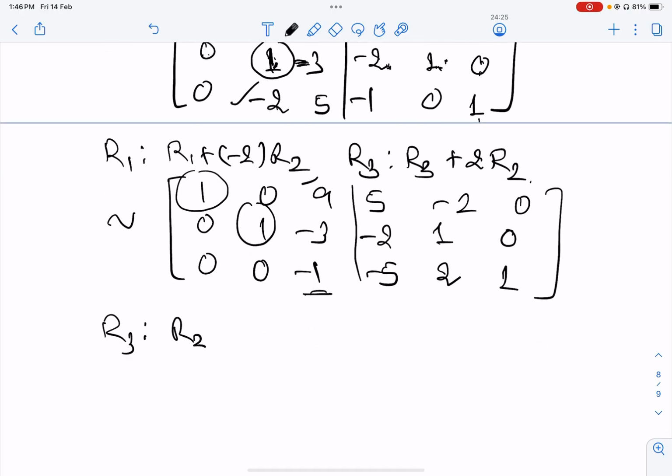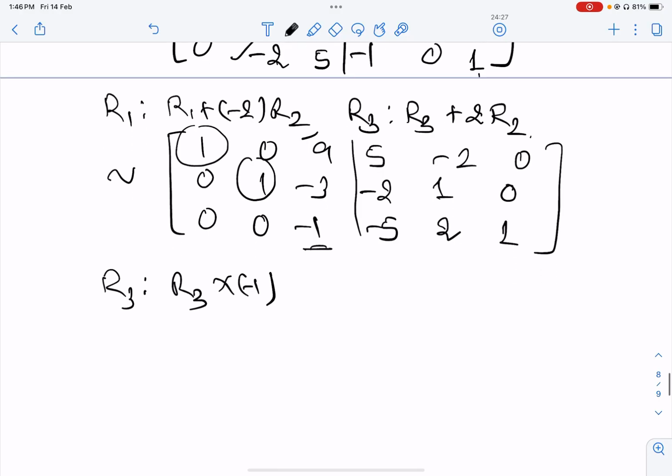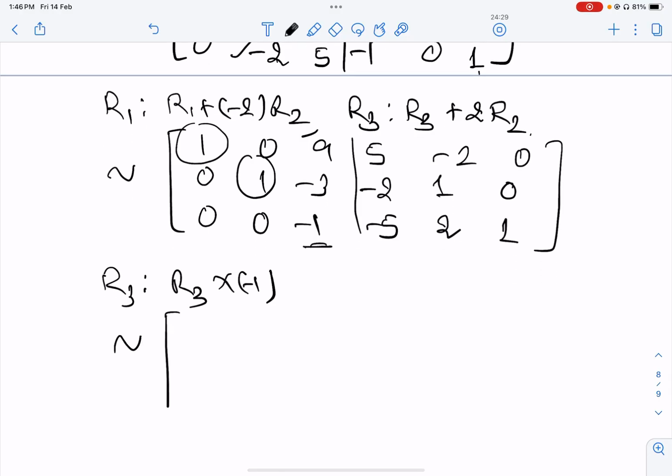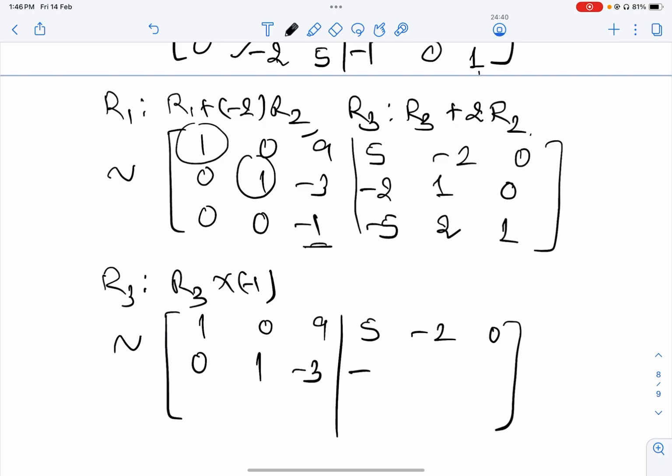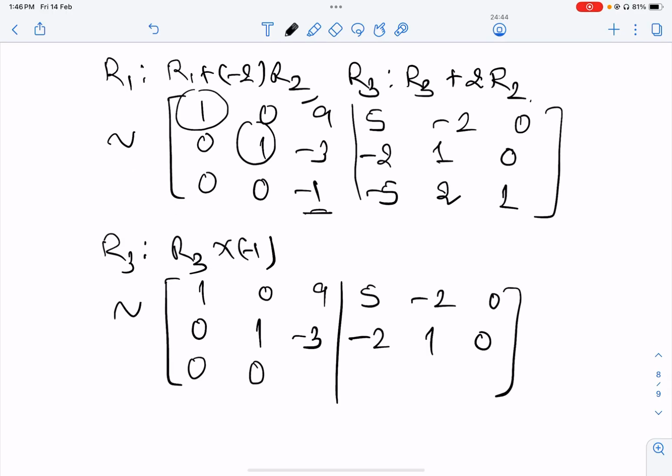So R3 multiply minus 1. And so this is 1, 0, 9, 5 minus 2, 0, 0, 1 minus 3, minus 2, 1, 0. This is 0, 0, 1, 5, minus 2, minus 1.